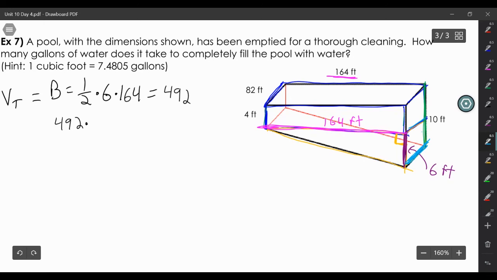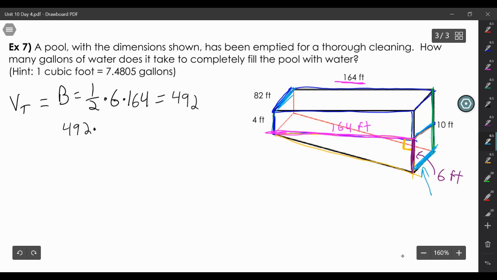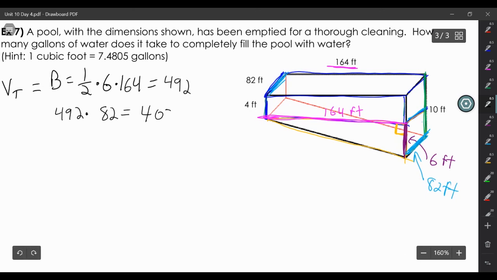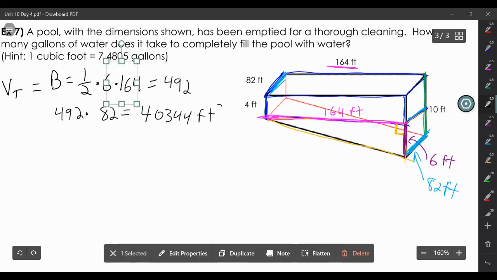Well, it's the same as this line, which is the same as this line, or 82 feet. So we multiply this by 82, and that gives us 40,344 cubic feet.